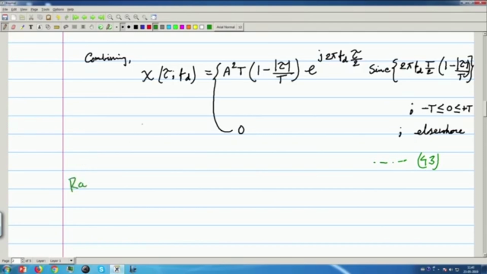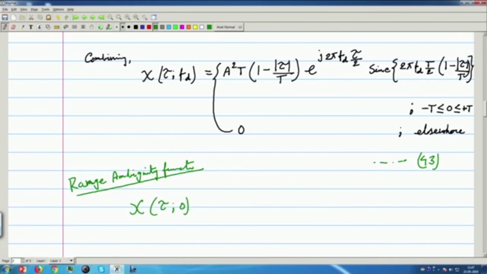So, this is the combined ambiguity function, but I can write the range ambiguity function from here. Range ambiguity function is nothing but you put f d 0.